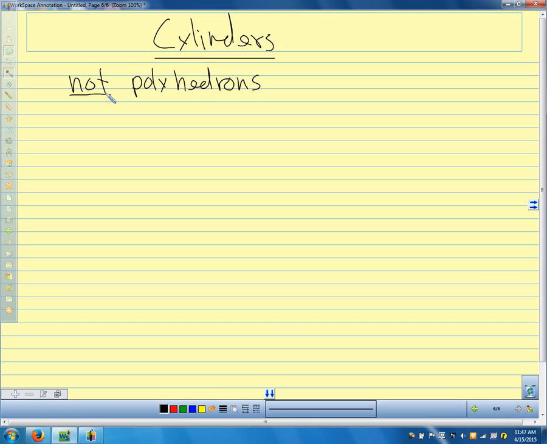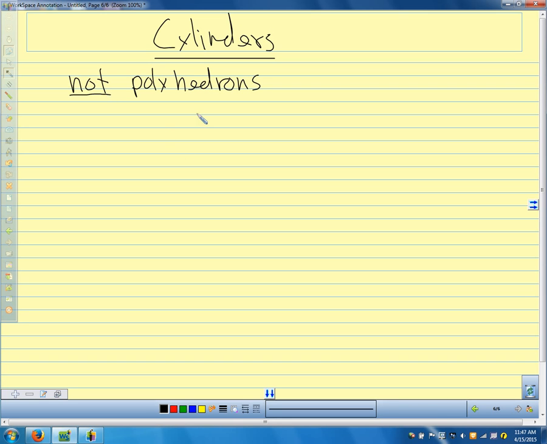The cylinder is one of the shapes that are not polyhedrons. Why would cylinders not be polyhedrons? Well, they have sides, but the side is curved. We said polyhedrons were made up of pieces of planes. Planes are flat, straight, but the sides are curved.